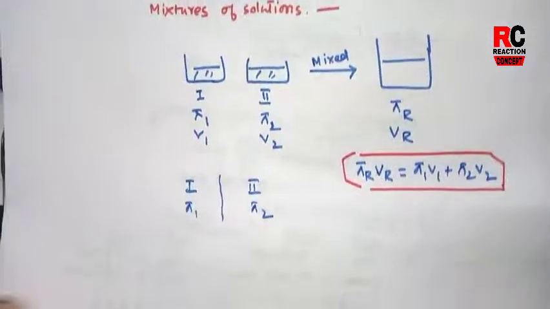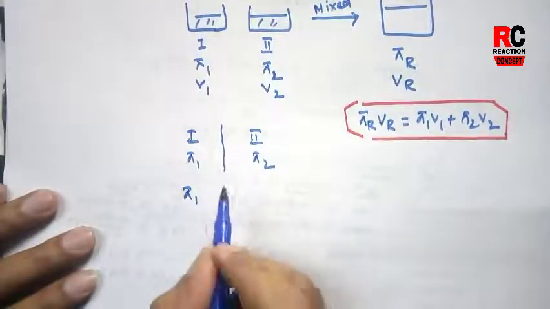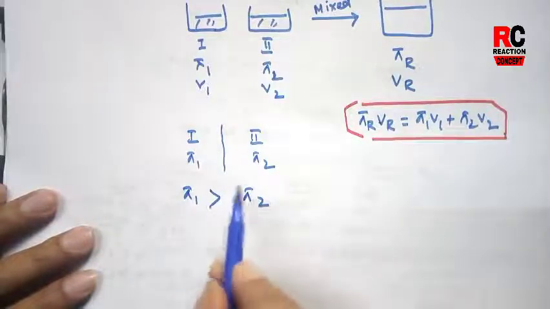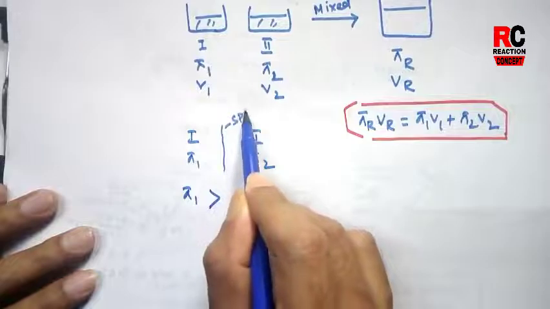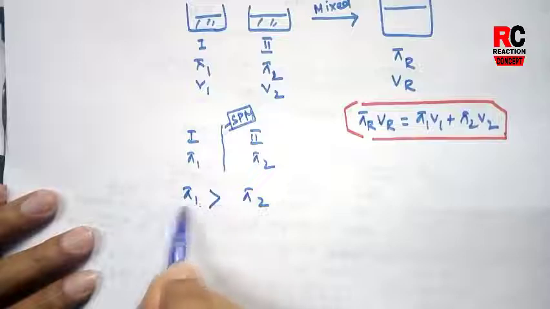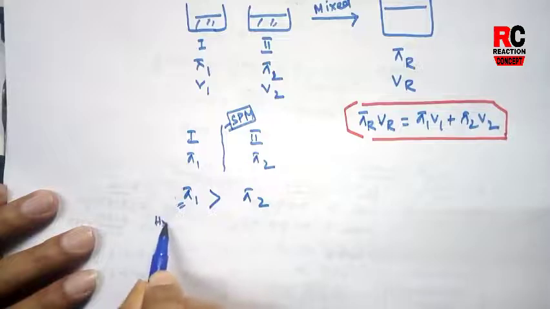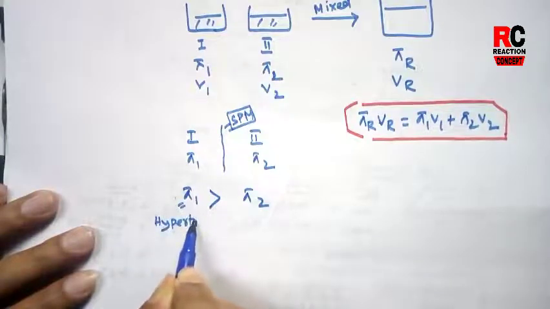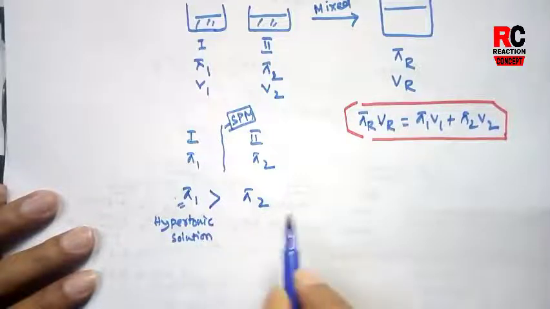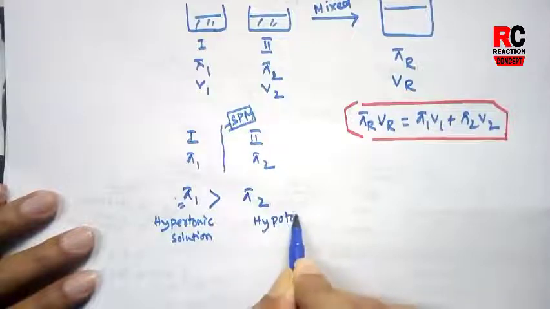If pi 1, the osmotic pressure of the first solution, is greater than pi 2, and both the solutions are separated by a semi-permeable membrane, then the solution with pi 1 osmotic pressure is called a hypertonic solution. And the other solution with low osmotic pressure is called a hypotonic solution.